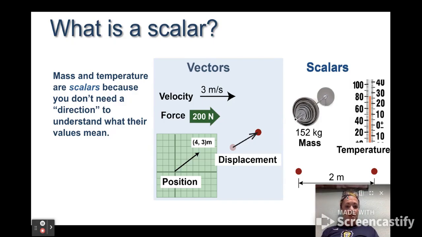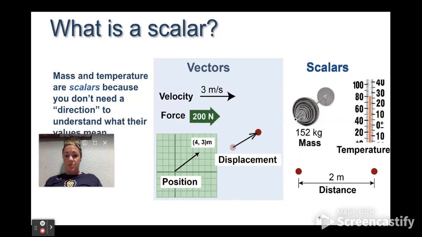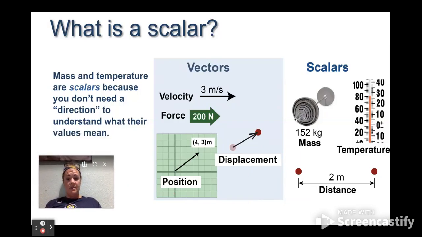Or just the general distance between two objects. Now, if you're saying you're going from this object, so now you have an origin, and you're going to this one, now you have a displacement, that is a vector. But if you're just talking about distance between two objects, that's scalar.